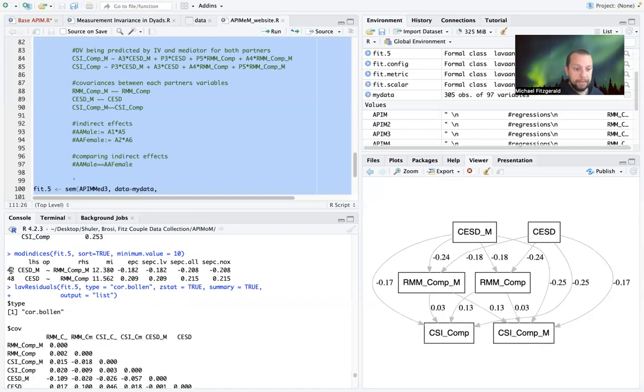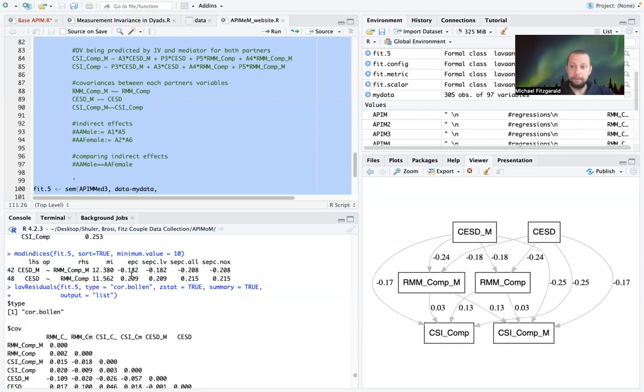So here are mod indices. Here's where the model is telling us that if we include these two parameters, then our chi-square is going to go down by about 12.38 for this one and 11.56 for this one.